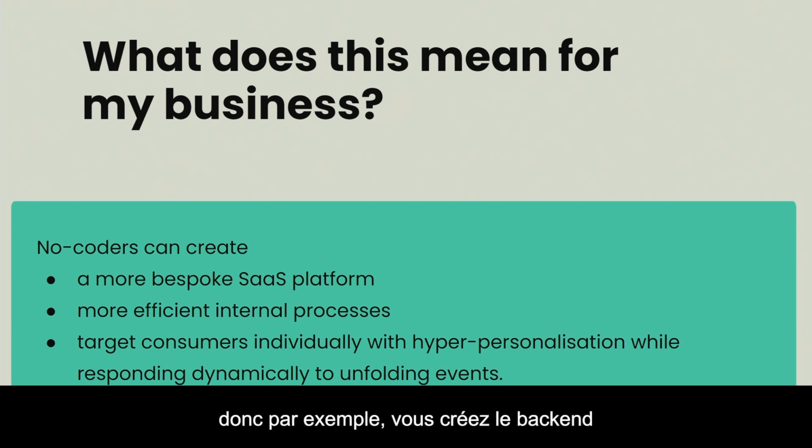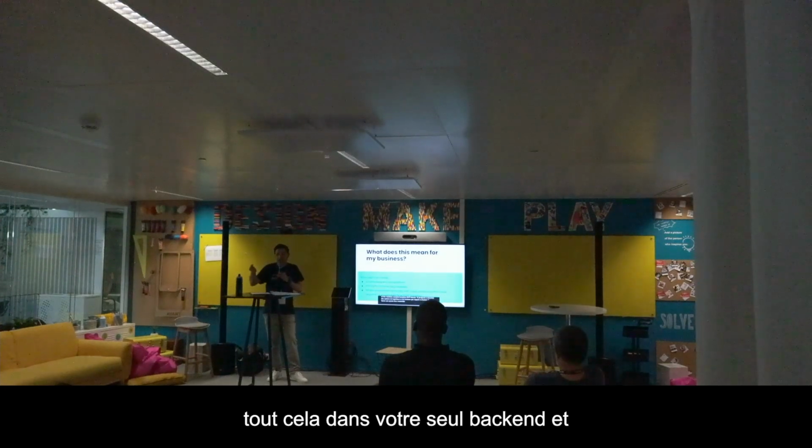So, for example, you create the back-end to an e-commerce platform that accesses data from personal accounts, combines that with transaction details and purchase information from an ERP system that you have, serves add-ons from third-party APIs, and offers logistics and delivery options, again, from other APIs. And you pull this all together in your one back-end and program that.